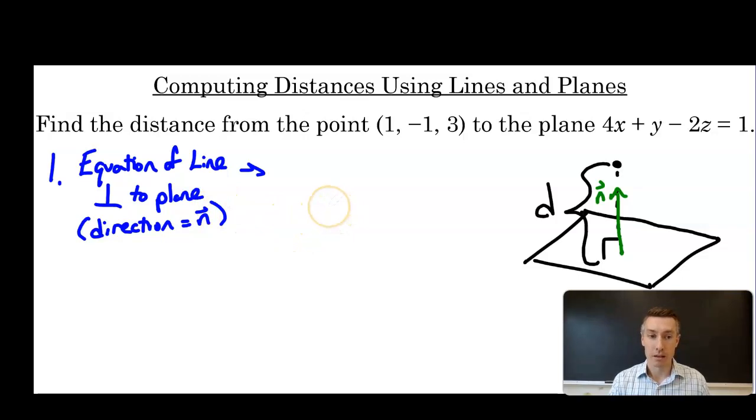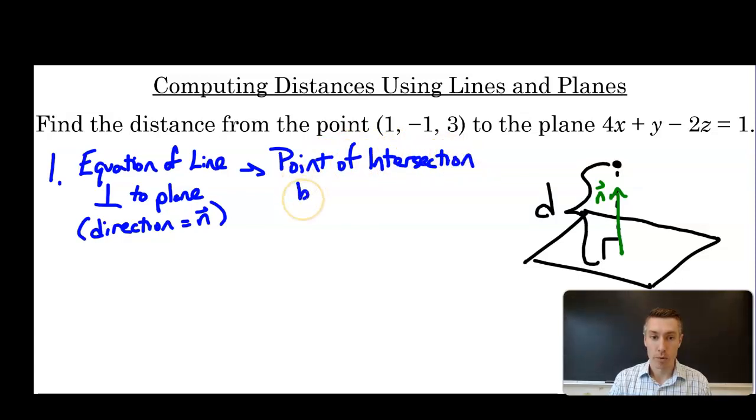Once we have that equation, whether we write that as a vector equation or parametric equations, then we would look for the point of intersection between the line and the plane.